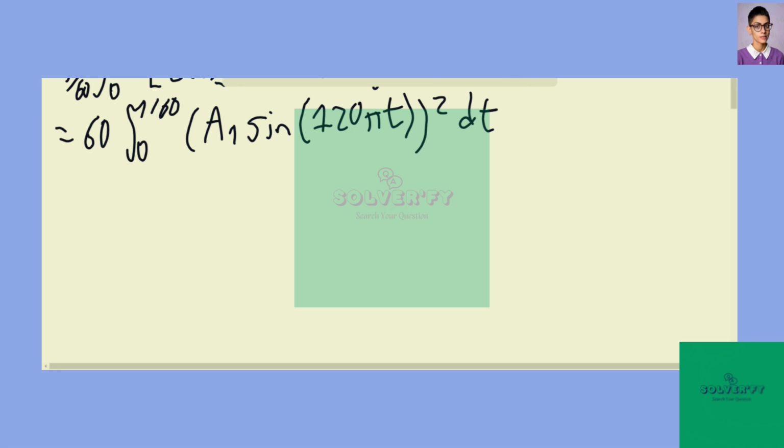So we are going to do that separately. We're going to take the integral of, well, we can just square right now, A1 squared, and then sine squared 120 pi t, and then dt.